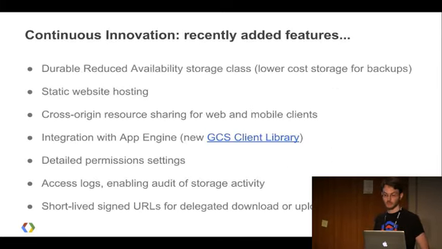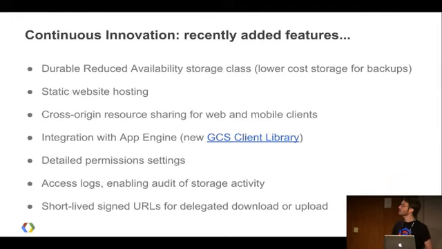And just like Compute Engine, we're not stopping. We're adding new stuff, adding client libraries for App Engine, adding even better static site hosting with cross-origin resource sharing, so you can configure which stuff is safe to fetch from JavaScript while you're using cloud storage to back some of your data.